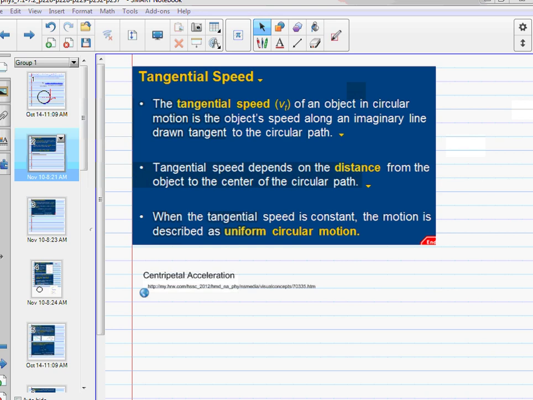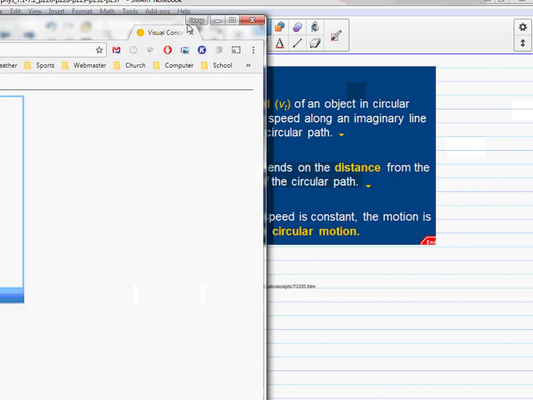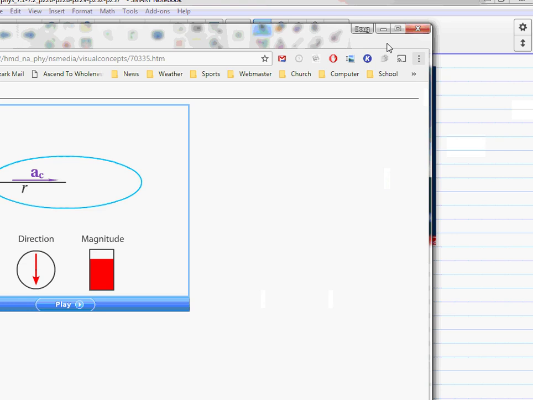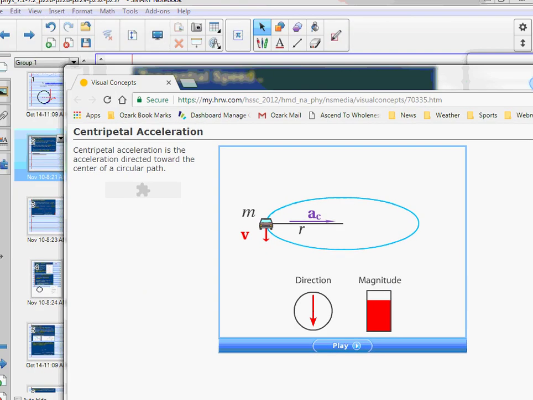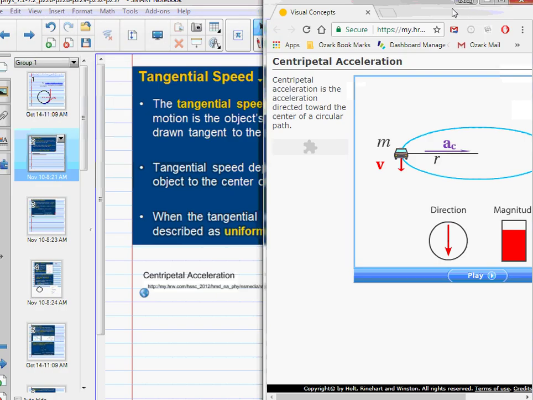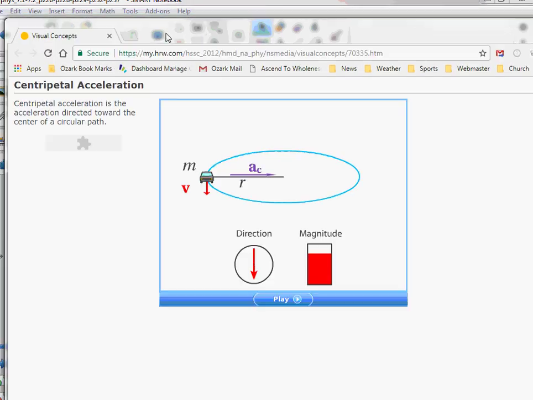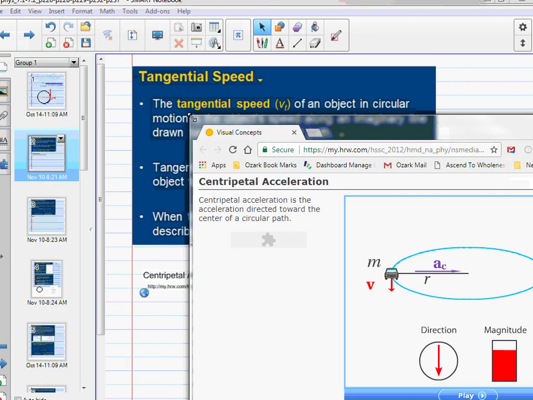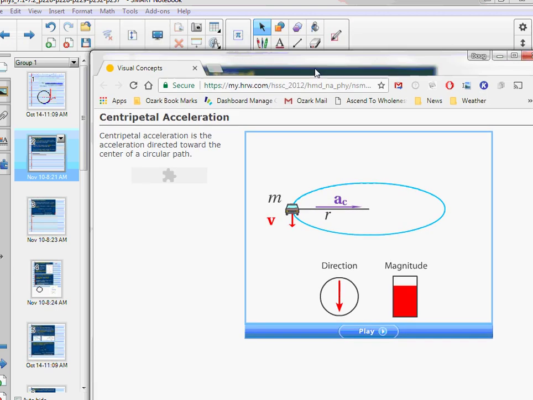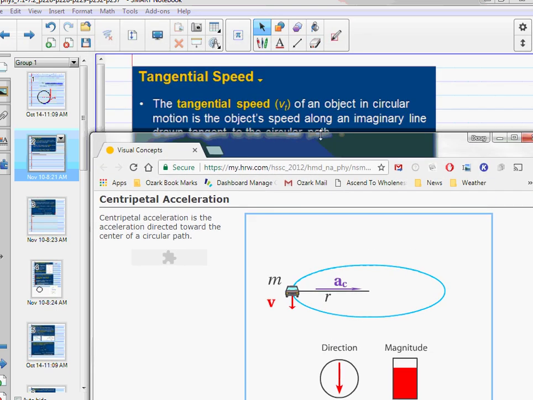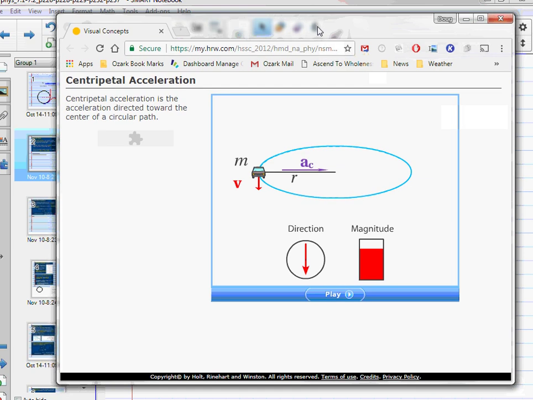When we have things that are directed towards the center of a circle, we call it center-directed, or centripetal. The meaning of that word is center-directed. So let's see if I can grab this thing where we can see it in the video.